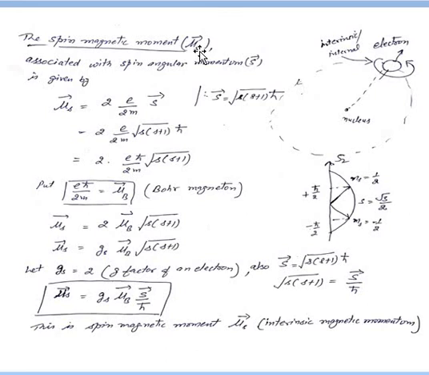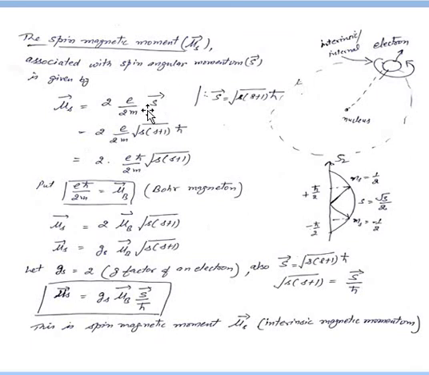How much would be the value of mu s, the spin magnetic moment, for a given spin angular momentum S? The normal relation is given by mu s equal to 2 e upon 2m times S. e is the charge and m is the mass of the electron.